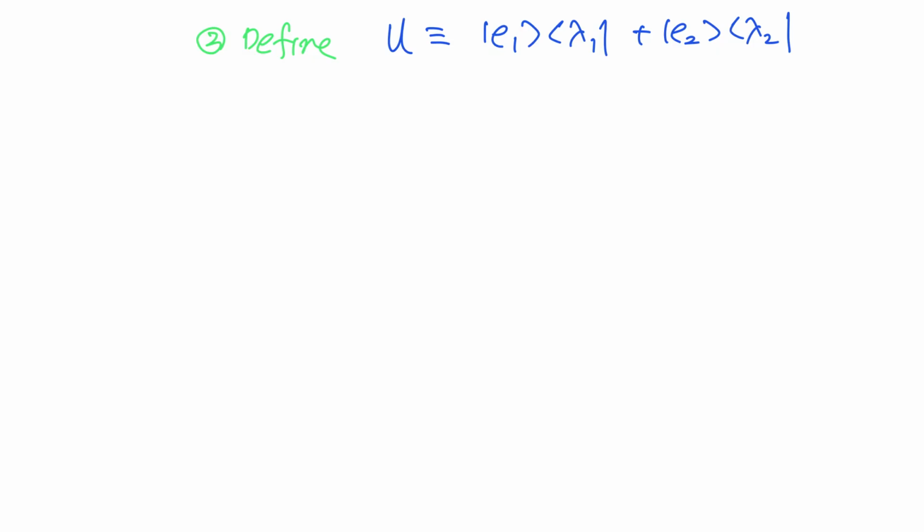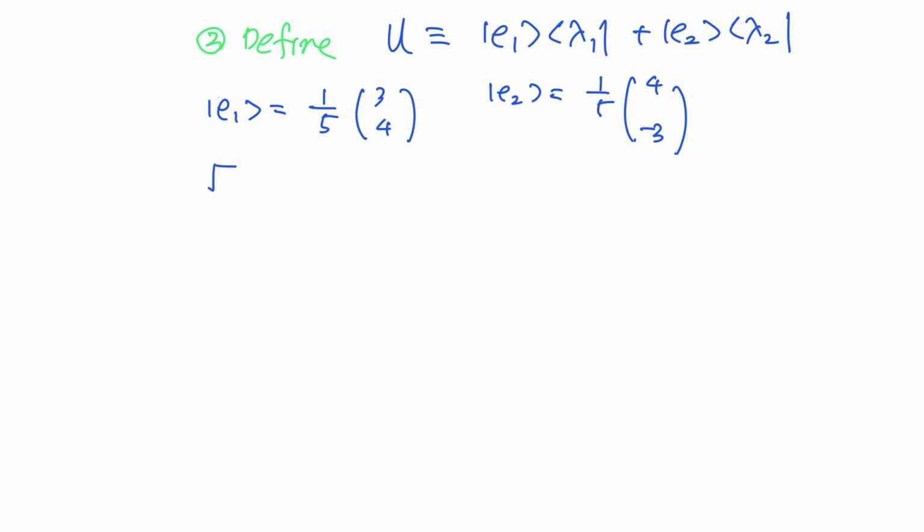And let's check whether U is unitary. So U is... let's have this. So we have E1, 1 over 5, 3, 4. E2, 1 over 5, 4, minus 3, right?